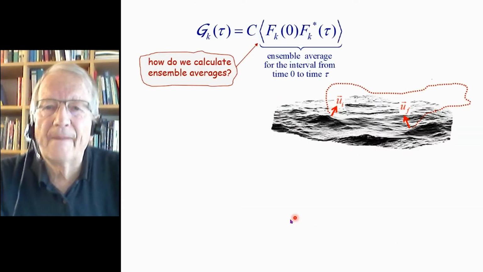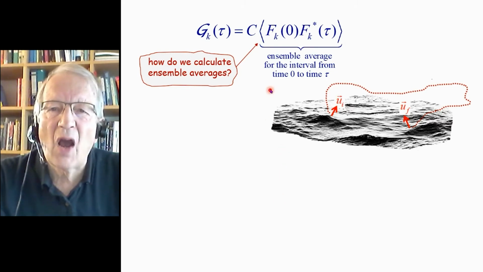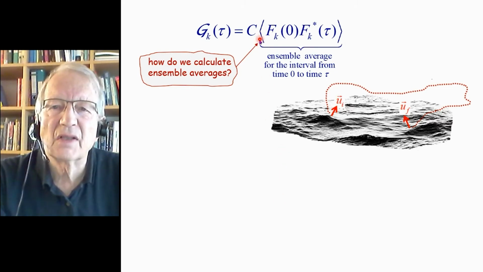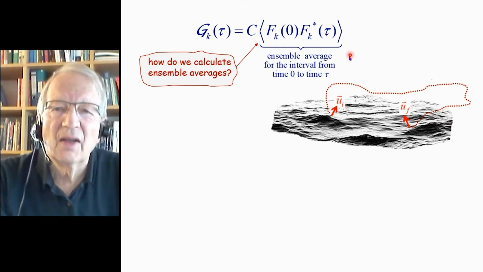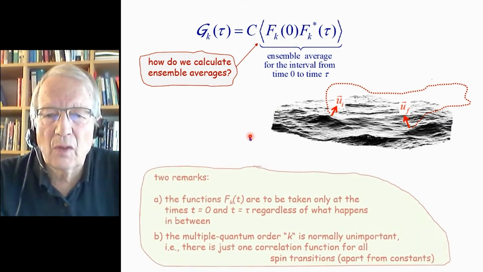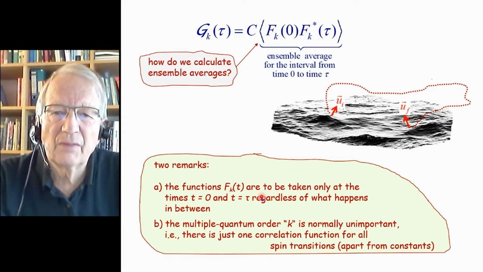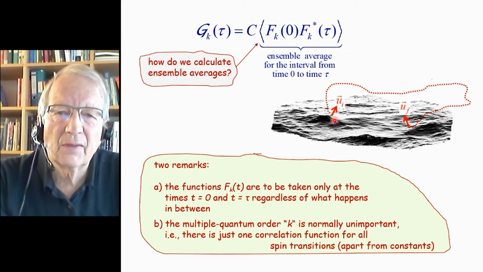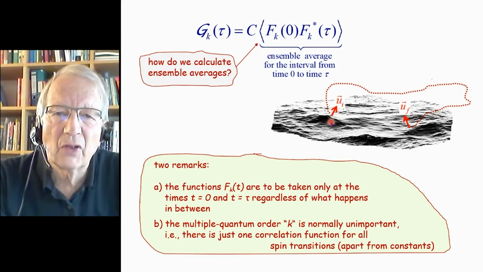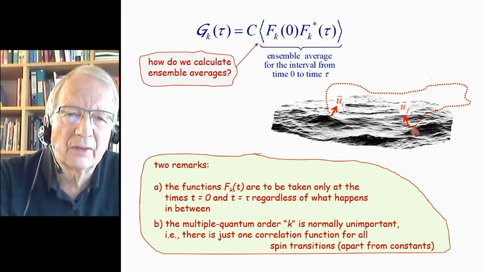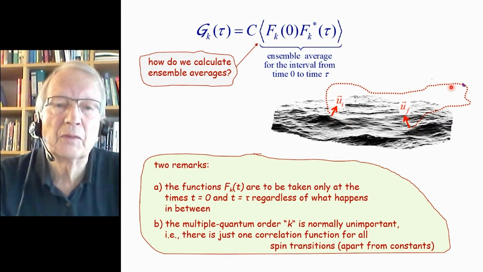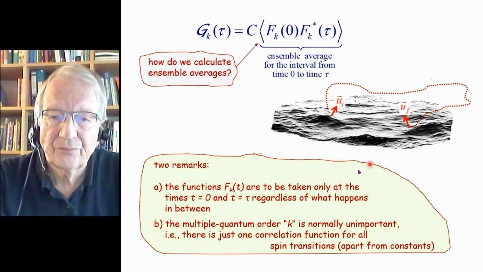Now, the question is, how do we calculate these ensemble averages? Two remarks at first. It's quite important that we have to take the initial orientation of the molecule and the final orientation, irrespective of what happens in between.